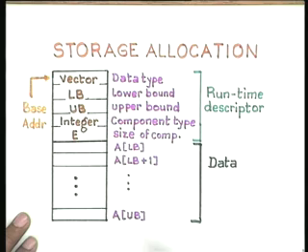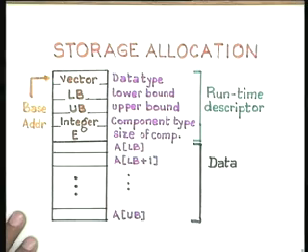This descriptor template is created at compile time, and there is enough information in the declaration of the array to have this stored somewhere. Each time on entry into a block during execution time, you first store this descriptor on the stack and then store the actual array elements after that. And so you can do a direct address calculation, which is quite trivial.